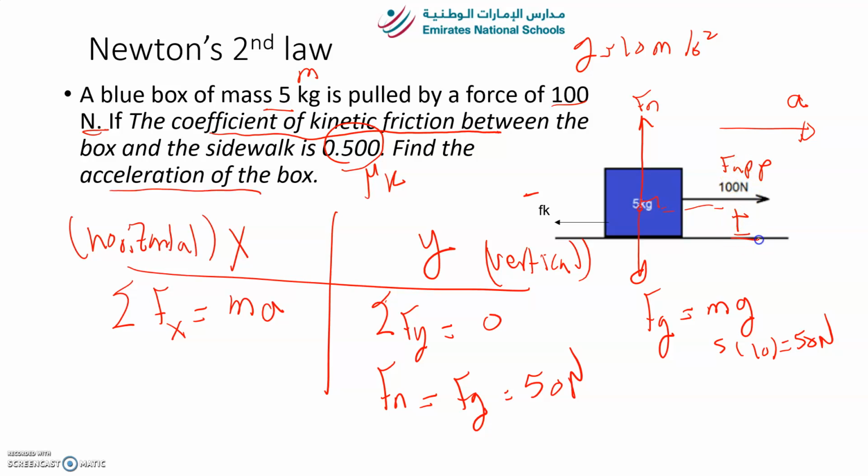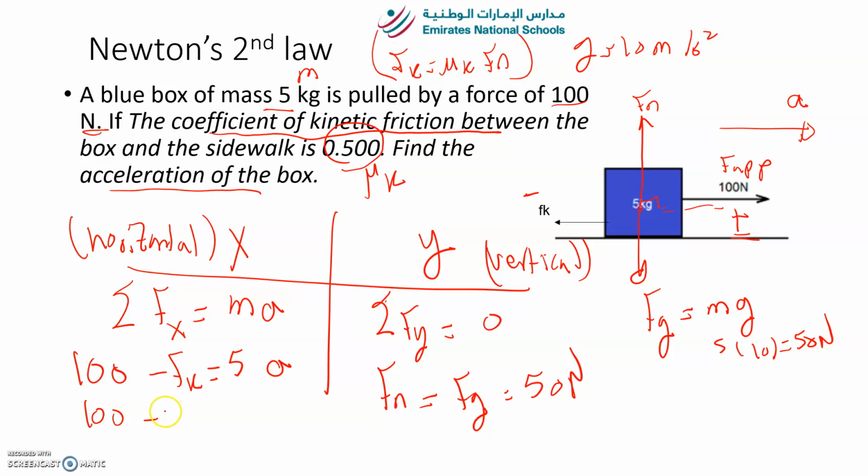If the applied force is positive, which is 100, minus the friction force, will equal mass, which is 5, times acceleration. I don't have the acceleration; I need to find it. So 100 minus mu k times Fn.